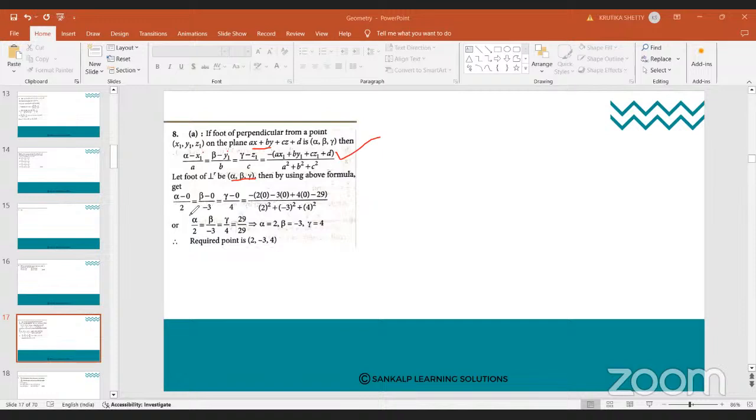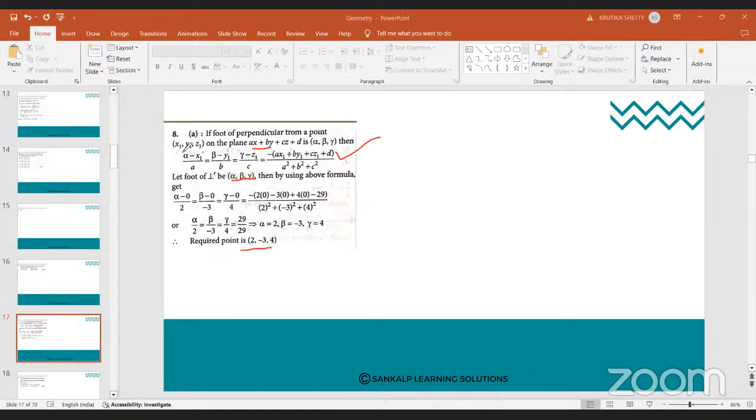On simplifying, alpha minus 0 is alpha, beta minus 0 is beta, gamma minus 0 is gamma. So alpha upon 2, beta upon minus 3, gamma upon 4 is equal to 29 divided by 29, which is 1. On simplifying, we get alpha is equal to 2, beta is equal to minus 3, and gamma equal to 4. So this will be the coordinates of the foot of the perpendicular: (2, minus 3, 4).